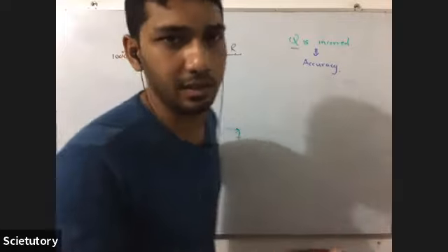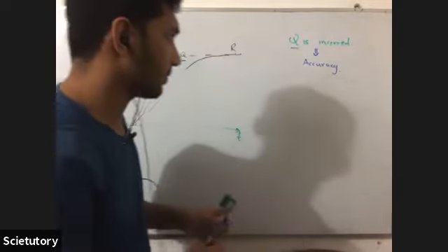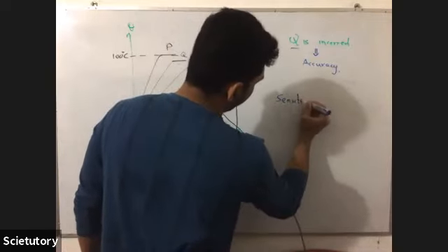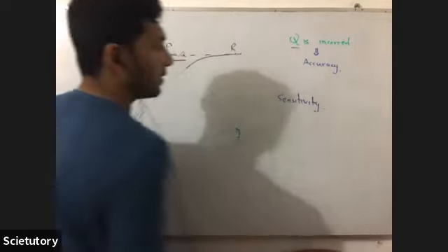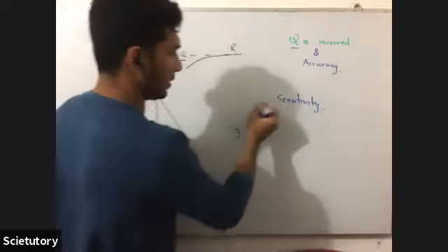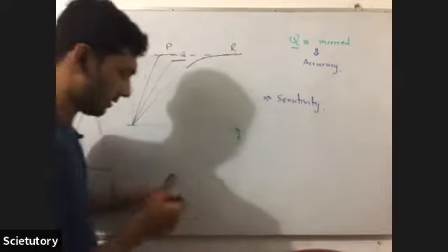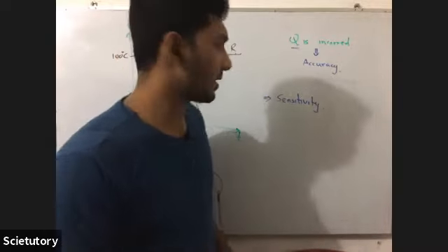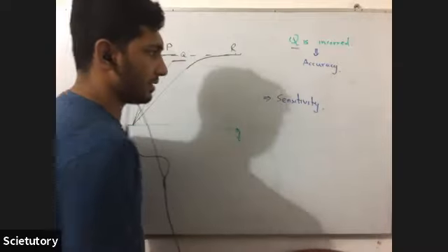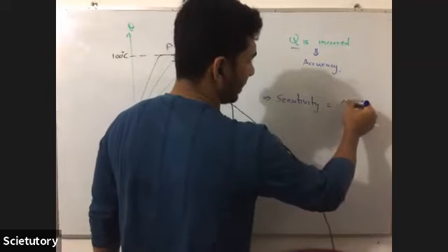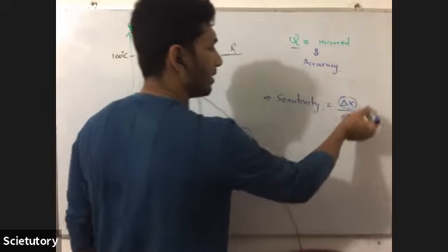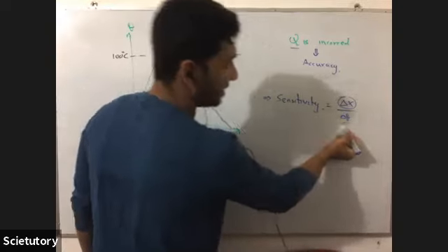So what is sensitivity? Sensitivity is about to what extent the thermometric property changes with the temperature. So if I write an equation for sensitivity, that will be like this: delta X over delta theta. So this is the change in the thermometric property. This is a change in temperature.